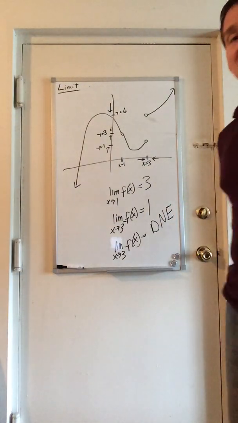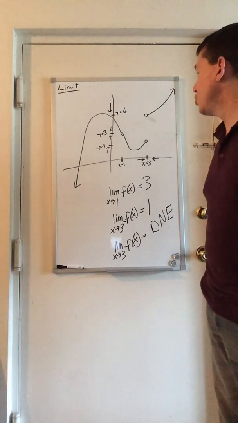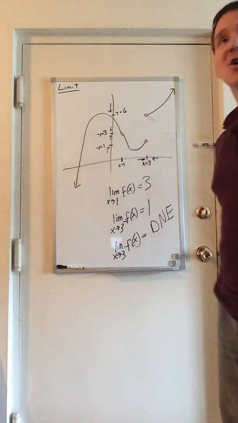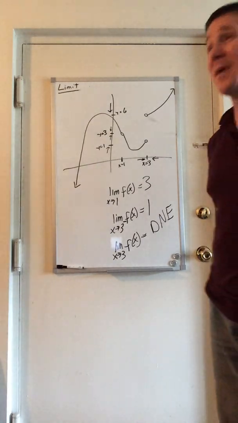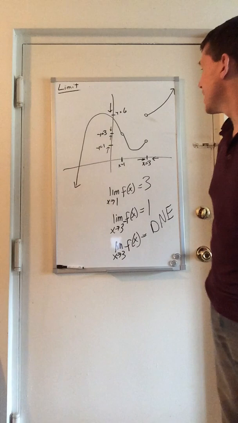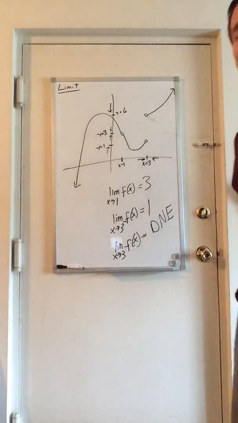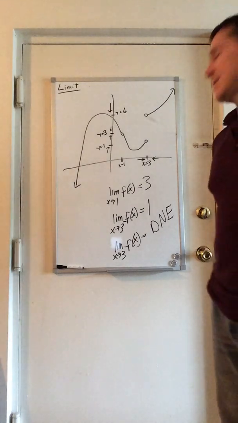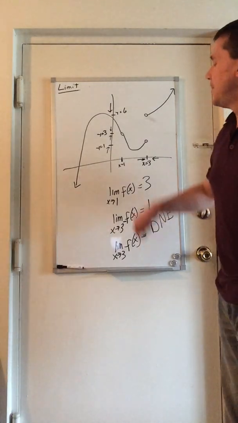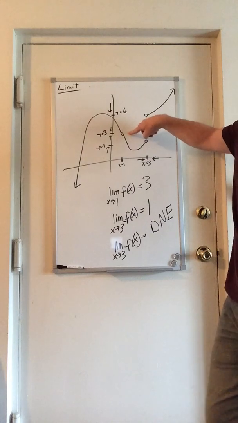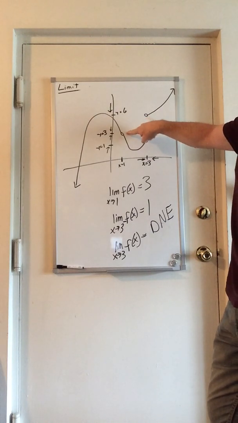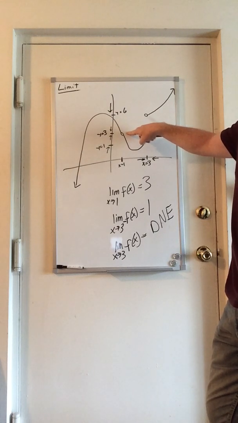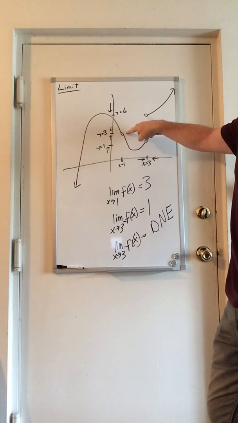All things being equal, you should be able to look at a graph and determine the limit of a function at a point by just looking at the graph and looking at the x values and the associated y values. Ultimately, as I kind of keep on saying, we're going to make this more algebraic, but the graphical approach is really useful because when the algebra can sometimes get cumbersome and confusing, this makes it clear what the function does at a point, or even if it's undefined at that point, is irrelevant.